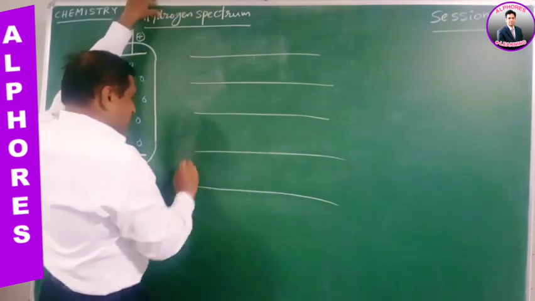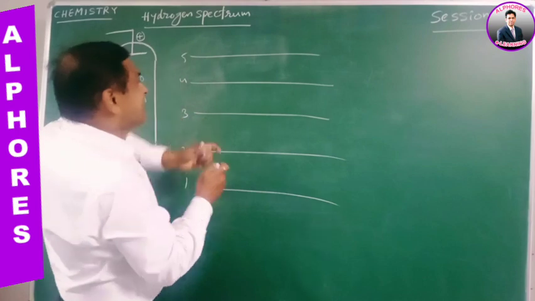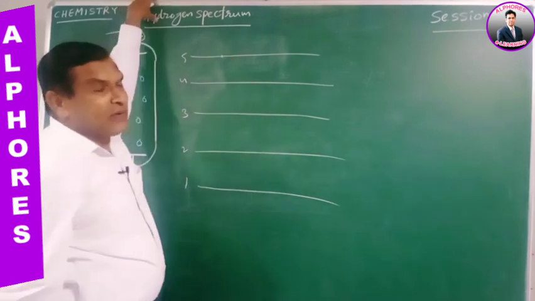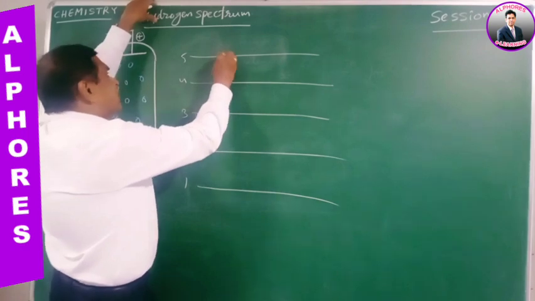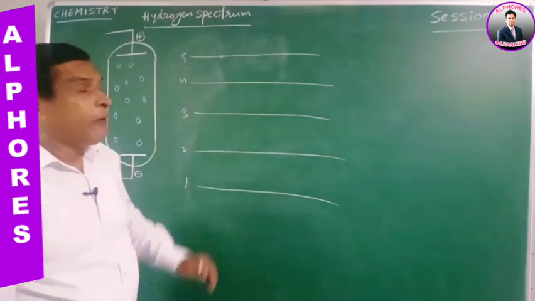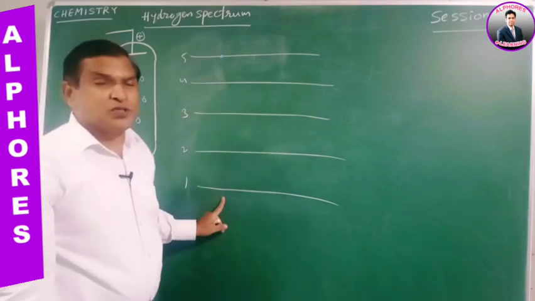Say, for example, there are shells 1, 2, 3, 4, 5. The excited electron is present in, for example, the 5th energy level. Being unstable at the higher energy level, it should come back to the normal state, that is the ground state.